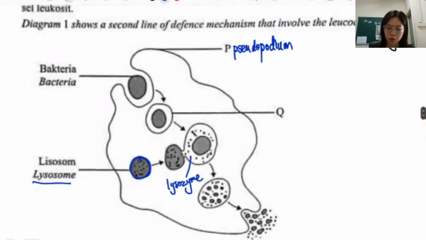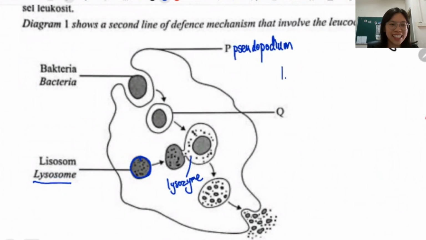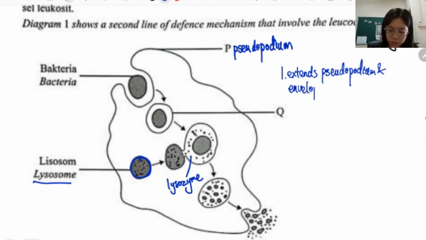So first of all, the phagocyte will extend its pseudopodium, and then it will straight out envelop the bacteria.